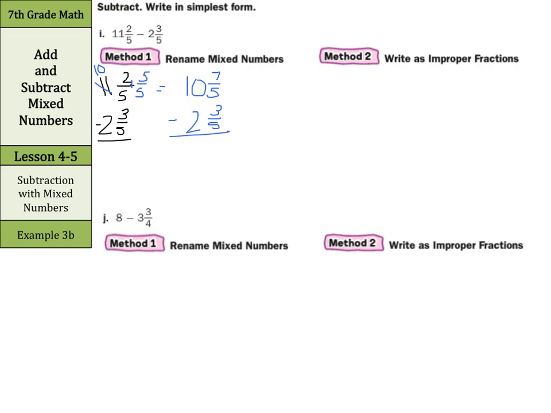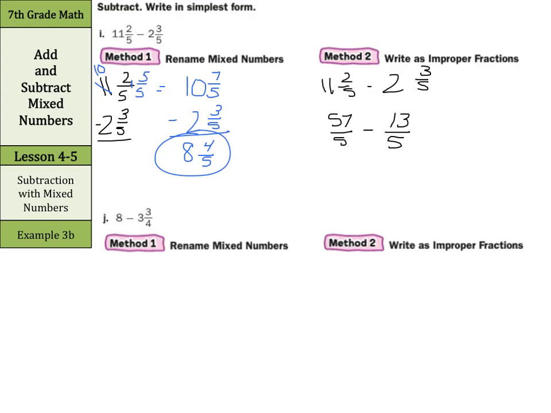And 7 minus 3 is 4/5. And 10 minus 2 is 8, so 8 4/5. As an improper fraction, well, if I have 11 and 2/5 minus 2 and 3/5, 11 times 5 is 55, plus 2 is 57/5, minus 2 times 5 is 10, plus 3 is 13/5.